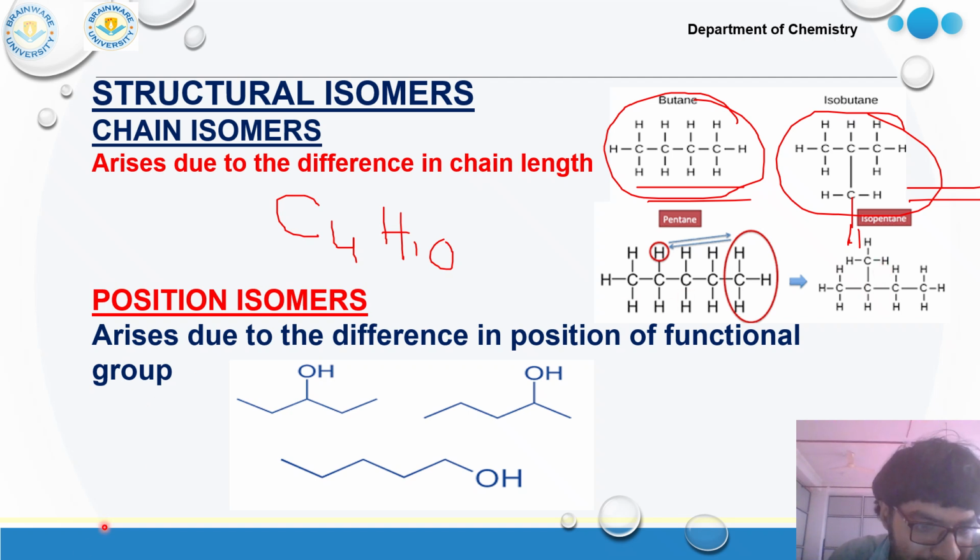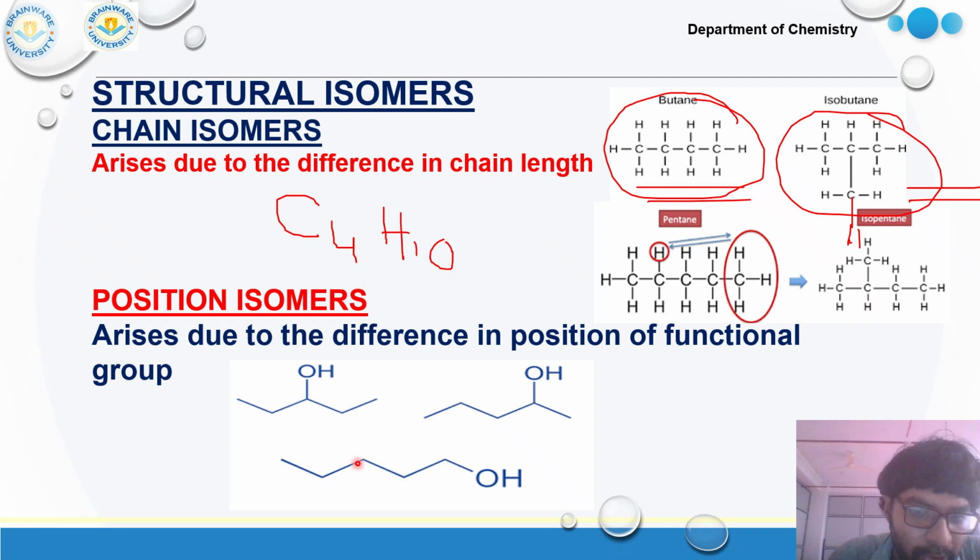Just look at this. How many carbons are there? The first one is a straight chain, the second one is a branched chain. So obviously their chain length and the nature of the chain are different.